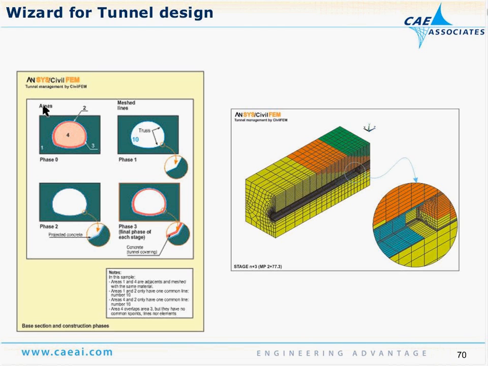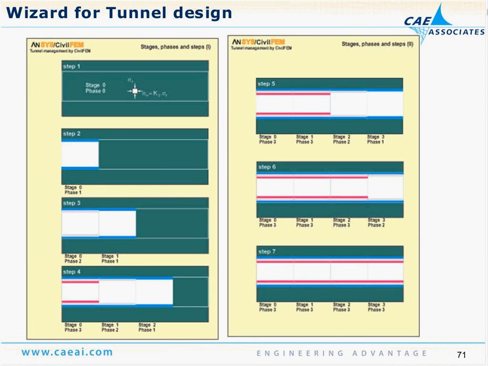So any columns or support structure, you can evaluate them when they're actually implemented and how they interact with the additional tunneling that gets simulated. And you can have a series of construction phases, really no limit in terms of the number of construction phases. Everything is sequential. Since it's a sequential analysis, the results from the next step are a function of the previous step.